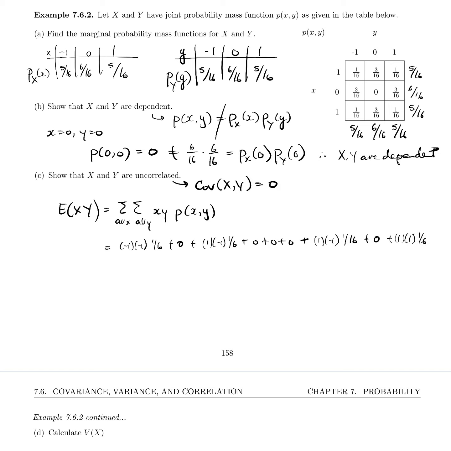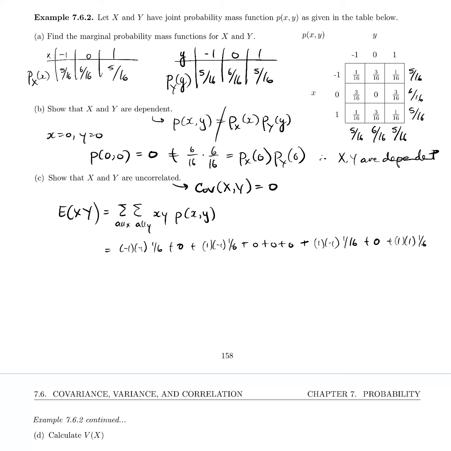And so what do we have here? This ends up being a positive 1/16 and a negative 1/16, and so those are going to cancel. And then what do I have here? A negative 1/16 and a positive 1/16 here, and so those are going to cancel.